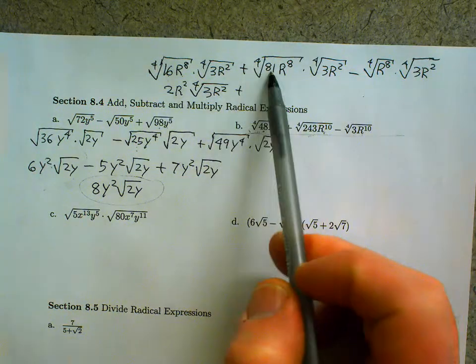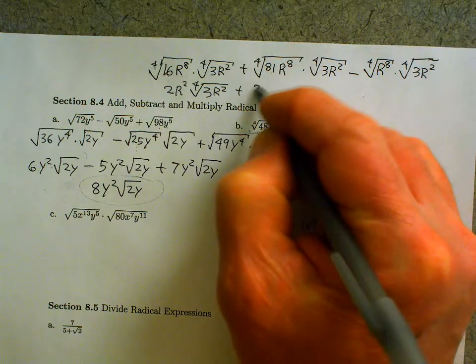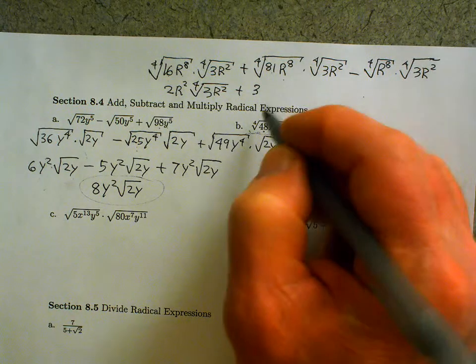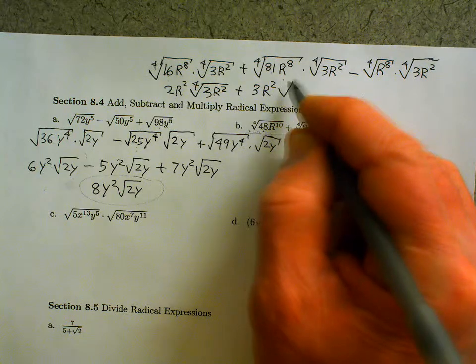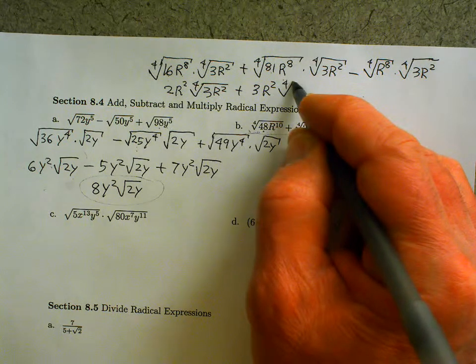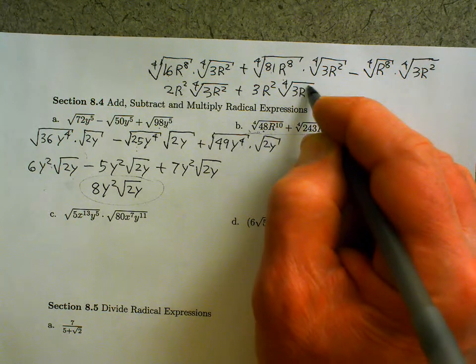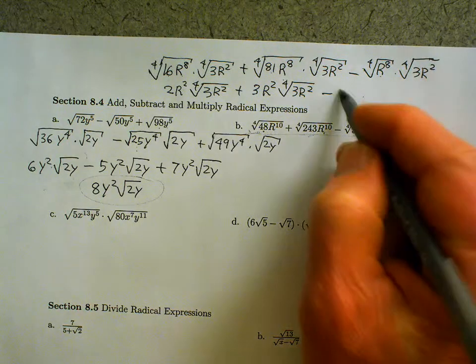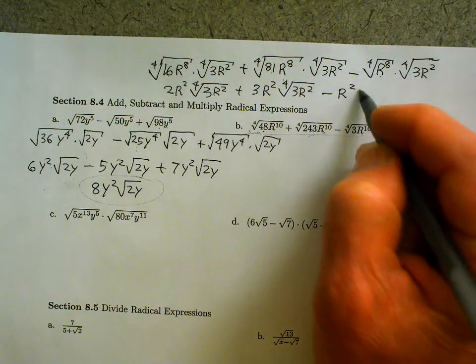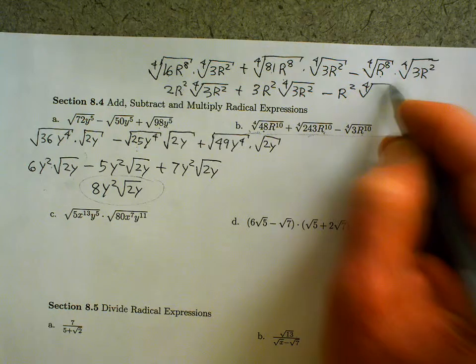The fourth root of 81 is 3, and the fourth root of r to the 8th is r to the second. So 3r to the second times the fourth root of 3r to the second. And then minus r to the second times the fourth root of 3r to the second.